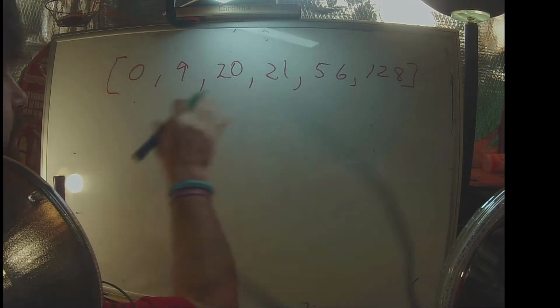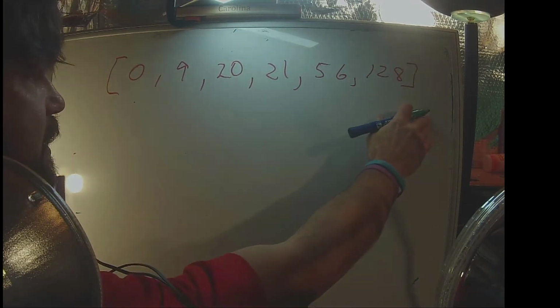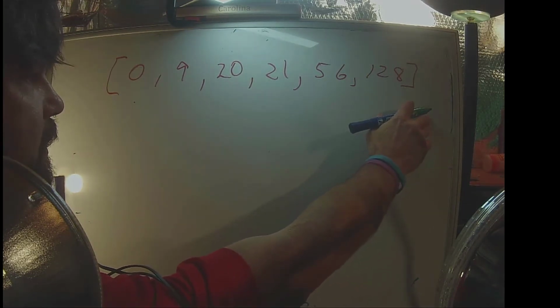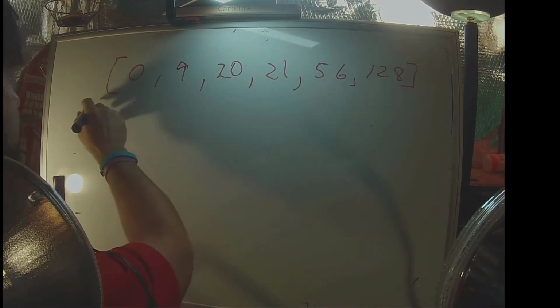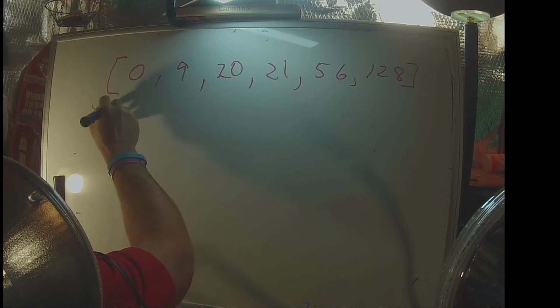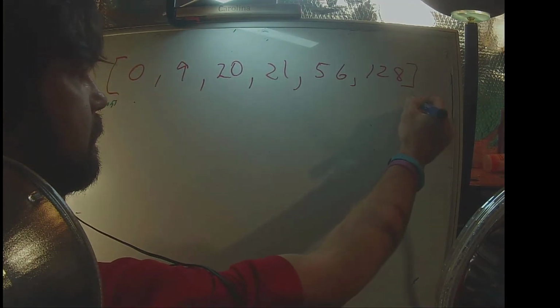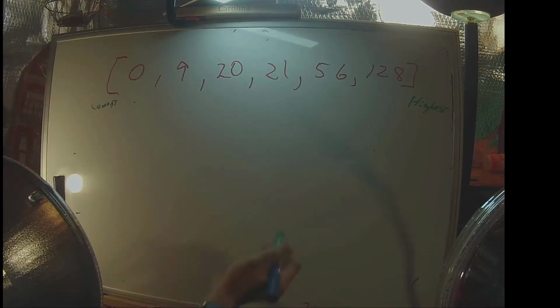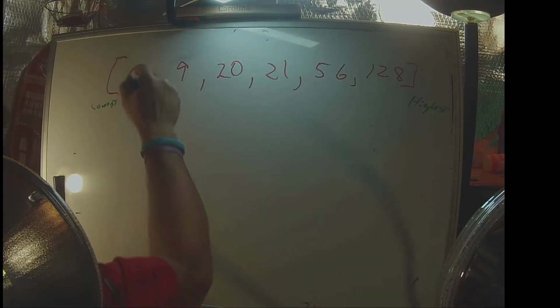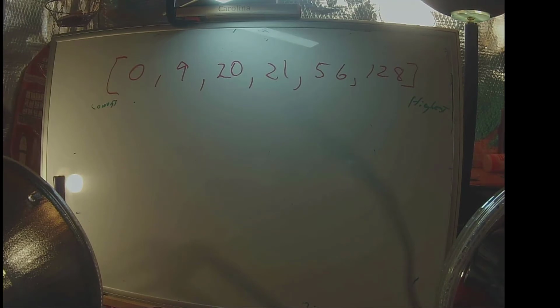So binary search starts off with a list of numbers, or a list of anything, that's in order from lowest to highest, for example. The idea is that we want to eliminate the maximum number of things that can't possibly be correct with every guess we make.